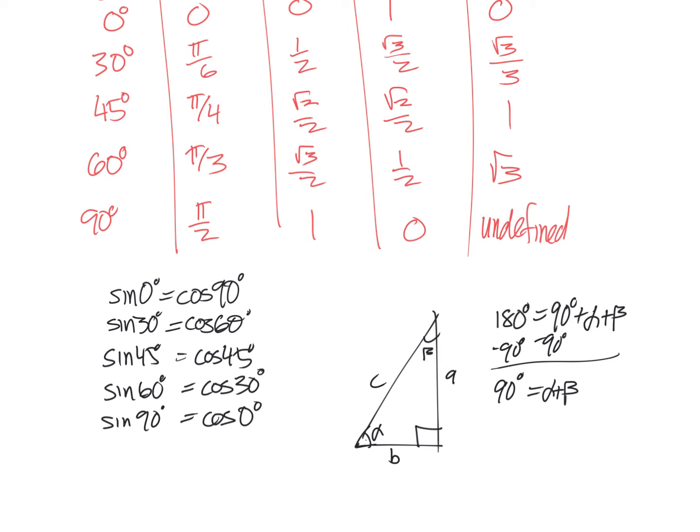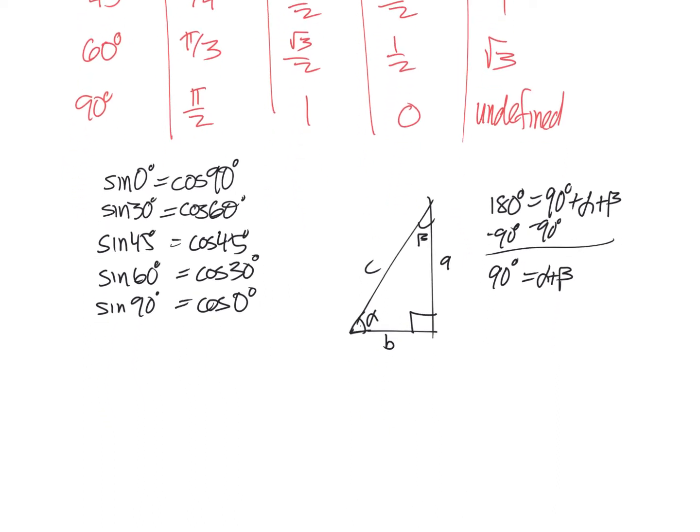And that's what we're getting right here. We're having sine of 30 and 60, 45 plus 45, 60 and 30, 90 and 0. So I hope you're starting to see what's happening.